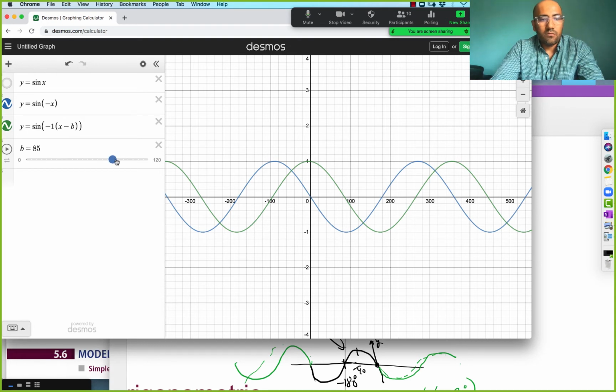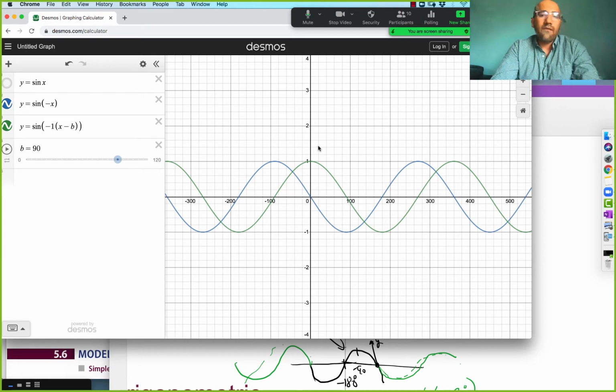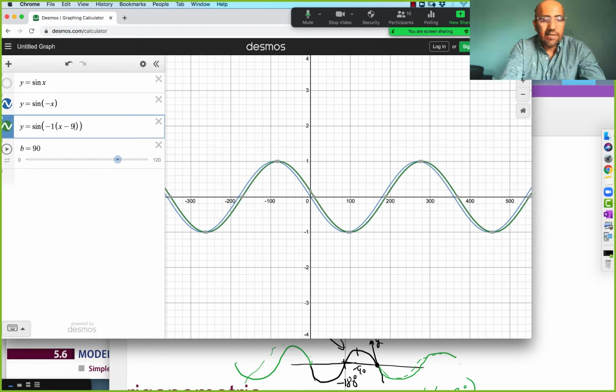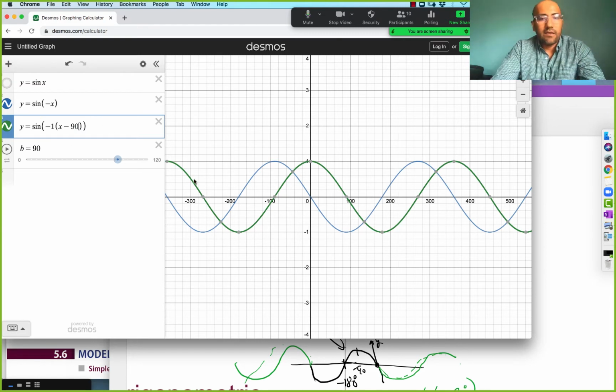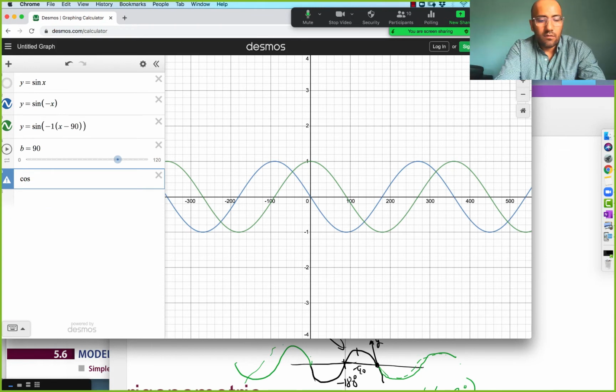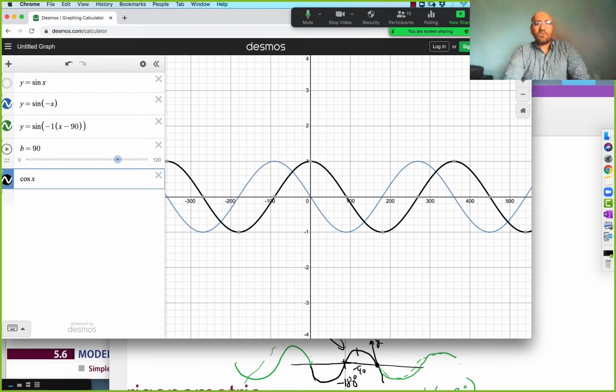So graphically, at least, hopefully we've proven that all of this manipulation, sine of negative 1 times x minus 90, when b is 90, is equivalent to just saying cosine x. So there you go, proof by picture.